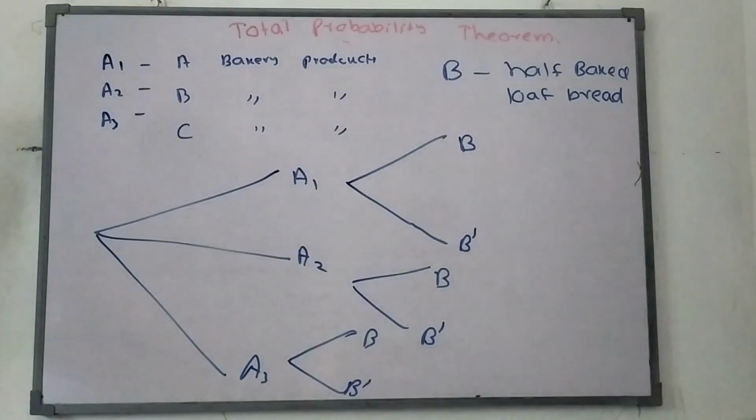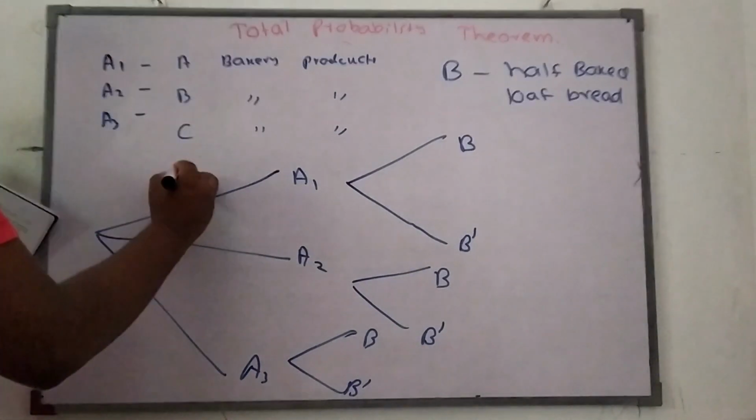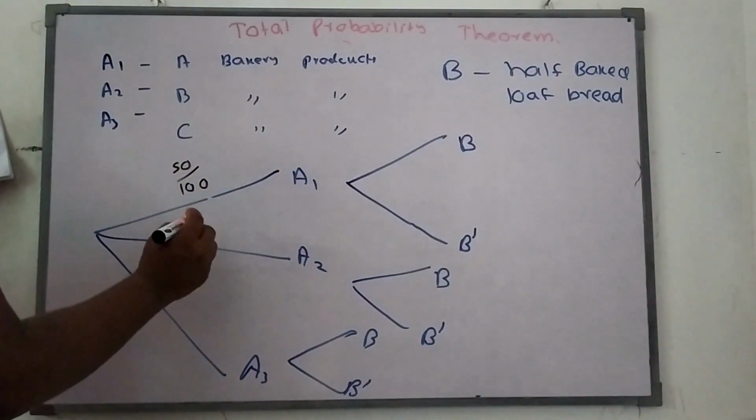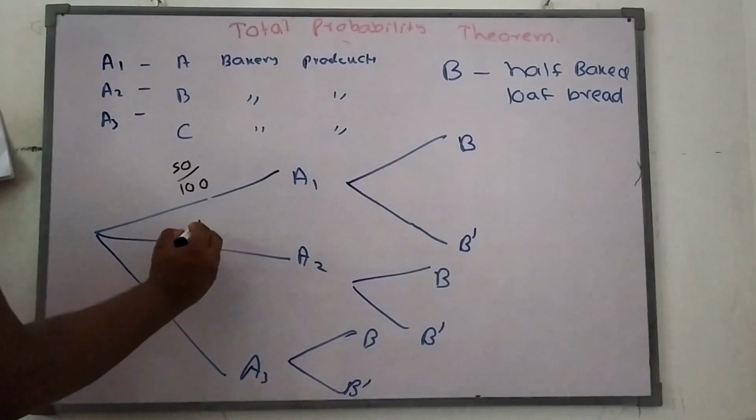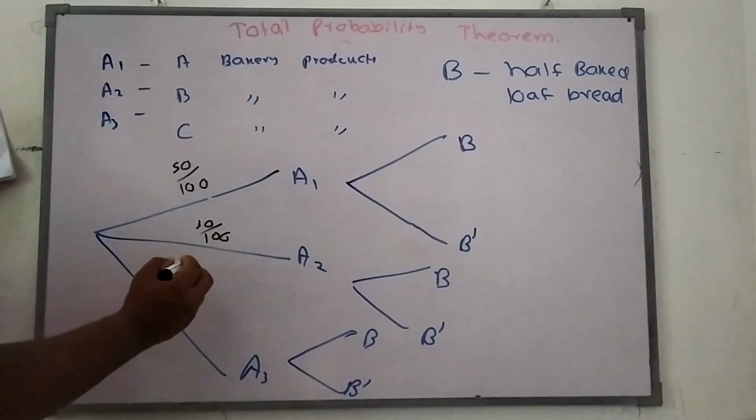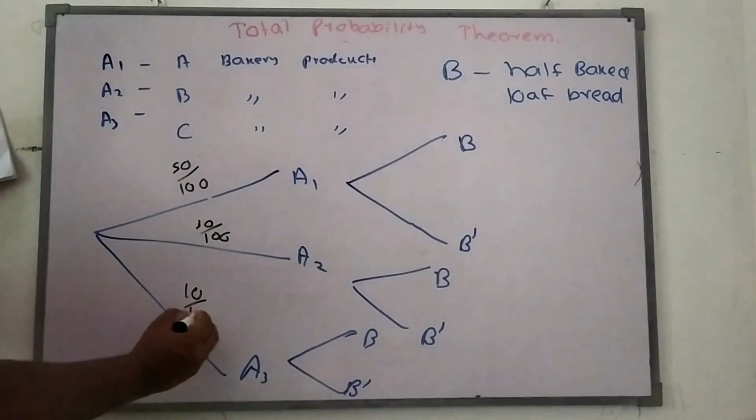So now you can insert the data they have given. The first, A1, is 50% out of 100, then 30% out of 100, then 20% out of 100.